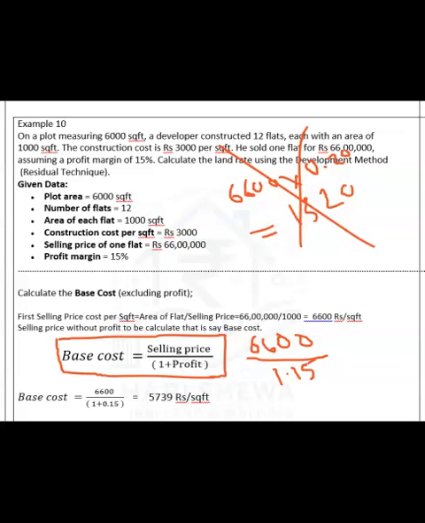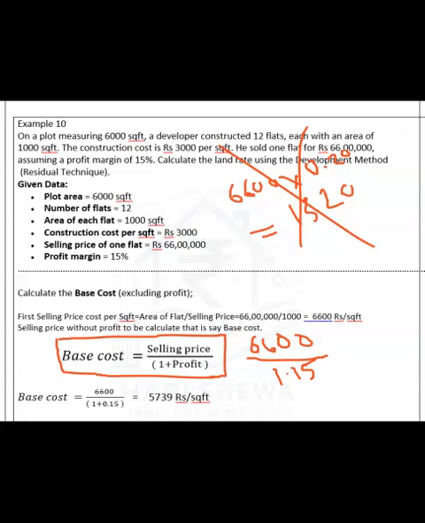It will come 5739. 5739 is the base cost. If you add the profit margin, then it will come 6,600.